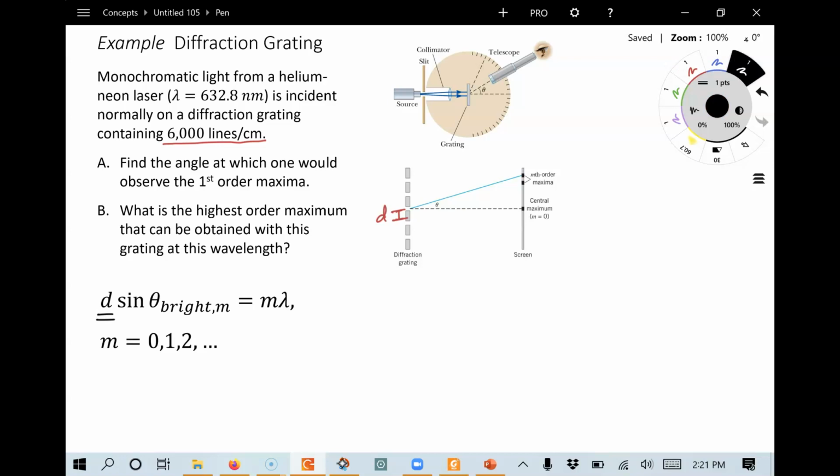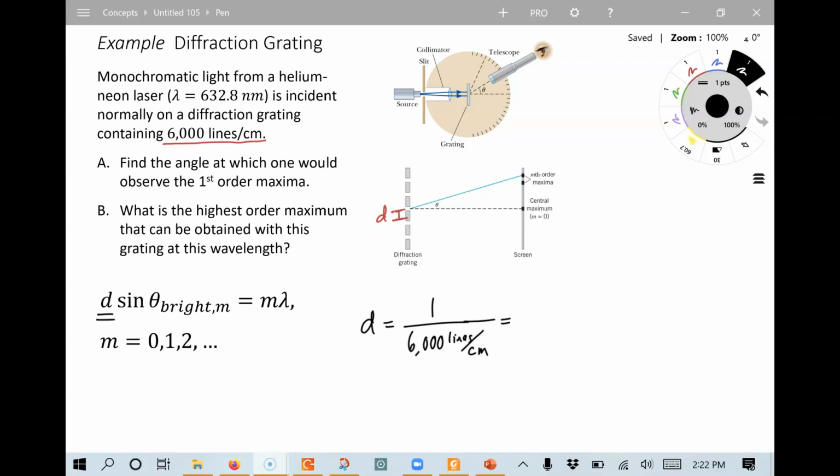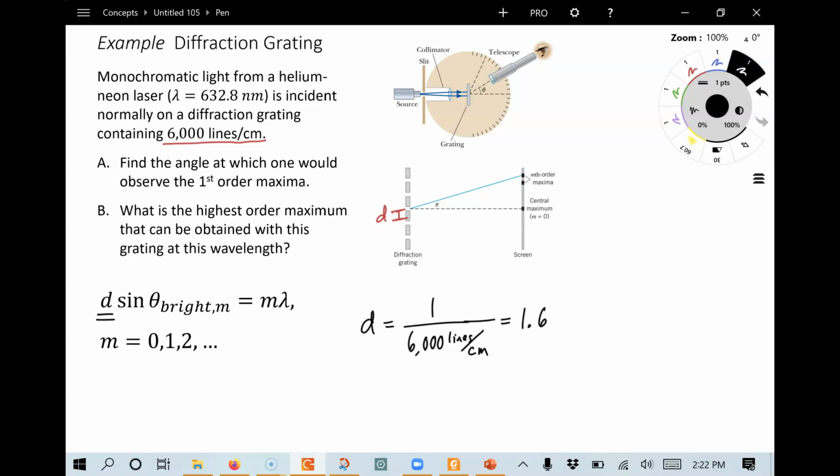So d in this case is going to be equal to 1 divided by 6,000 lines per centimeter. And that comes out to 1.67 times 10 to the minus 4th centimeters between adjacent lines.